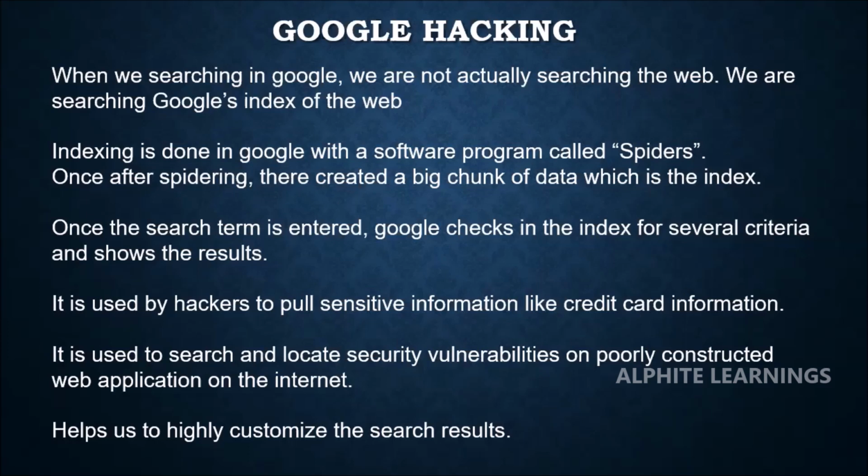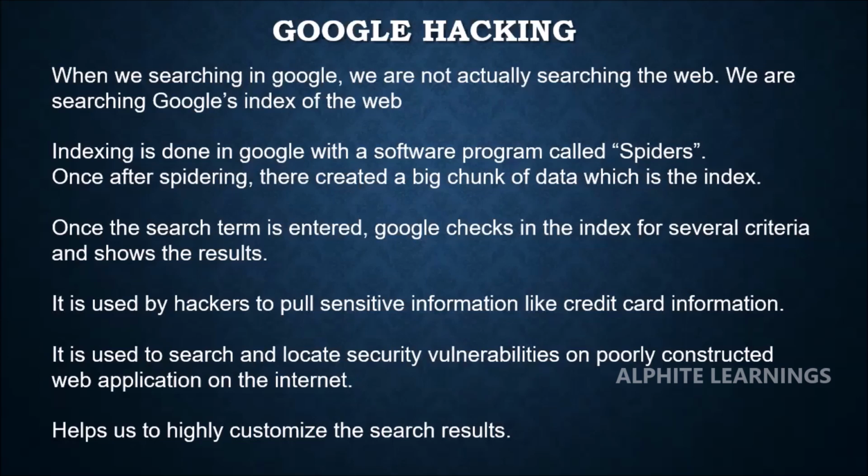In order to understand that, first you need to know how Google works. Google works through a process called indexing. Indexing is done using spiders. Every time someone searches some terms, say someone searches abc.com, Google will go learn about that site.